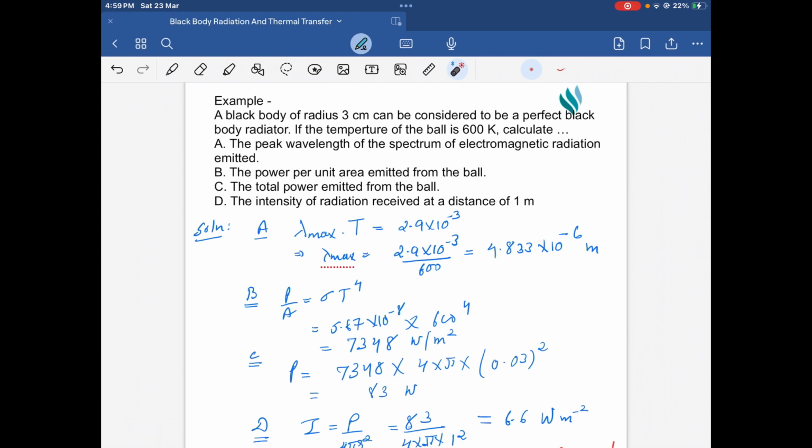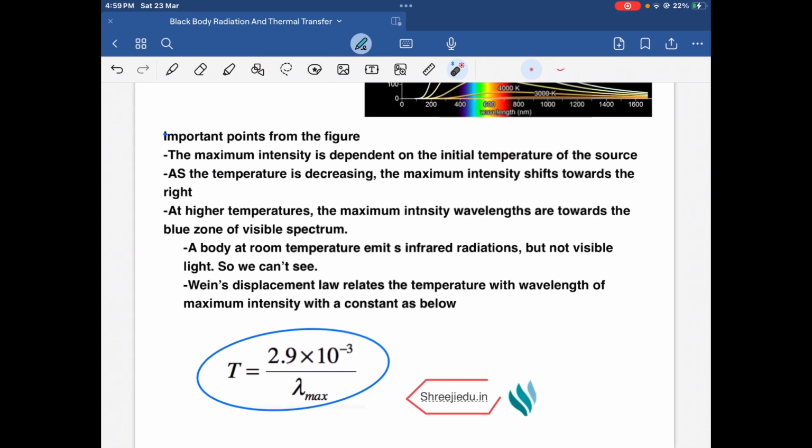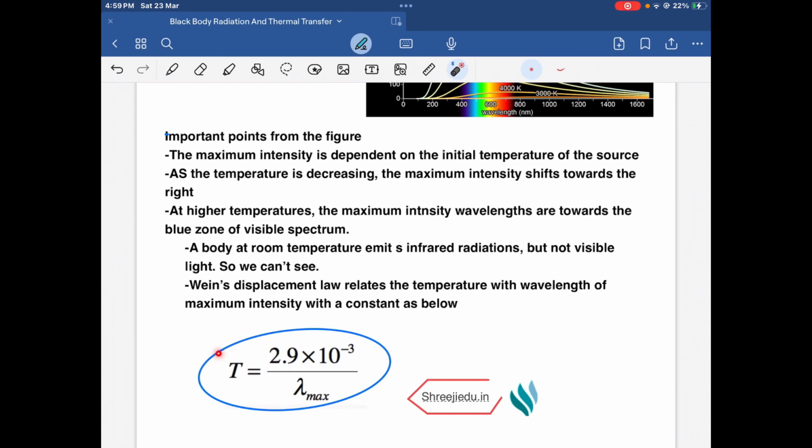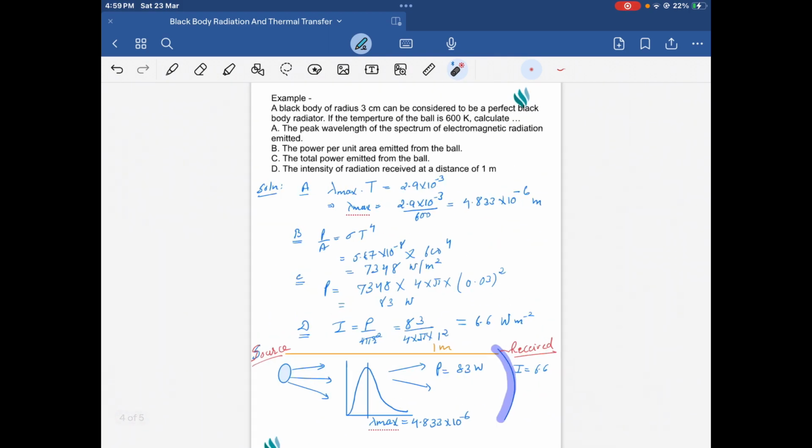A part is the peak wavelength of the spectrum of electromagnetic radiation emitted. Going back to the concepts which we have already learned, Wien's displacement law relates lambda maximum with the temperature. So using the same concept, we just plug in the values and we get the answer.